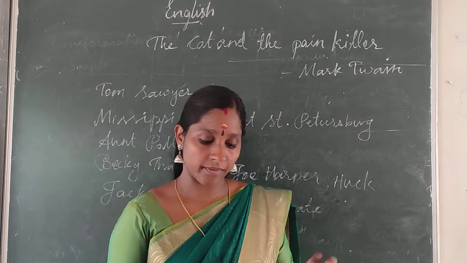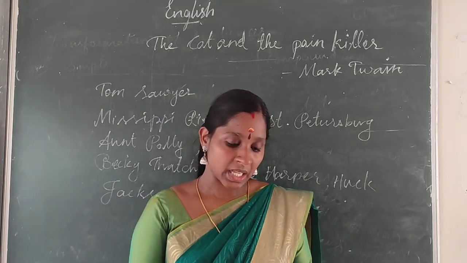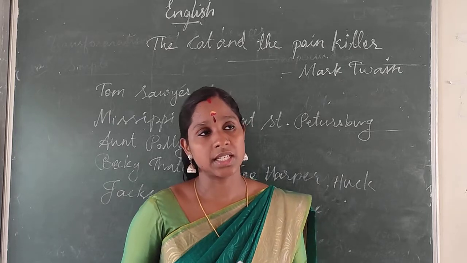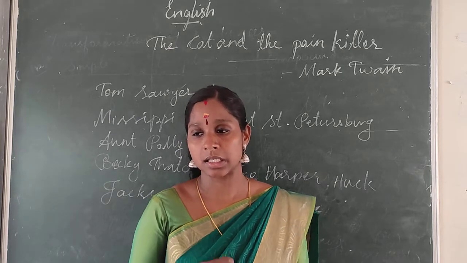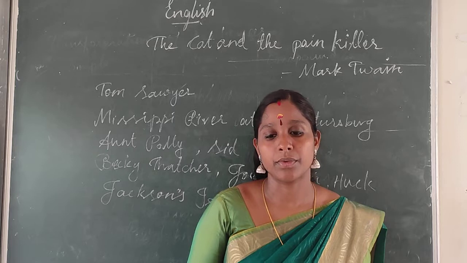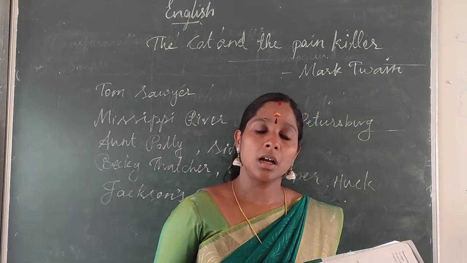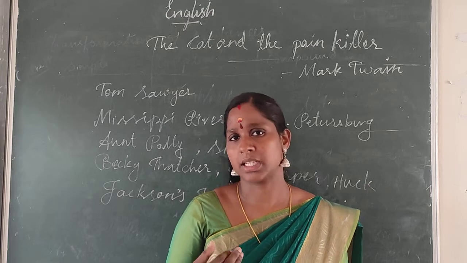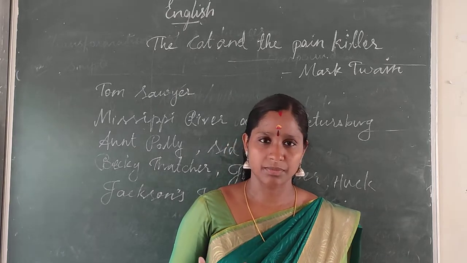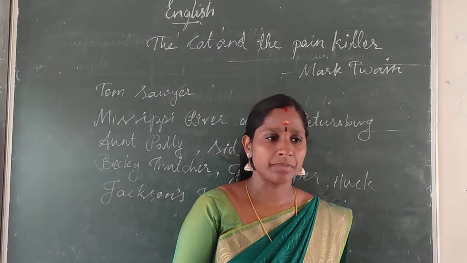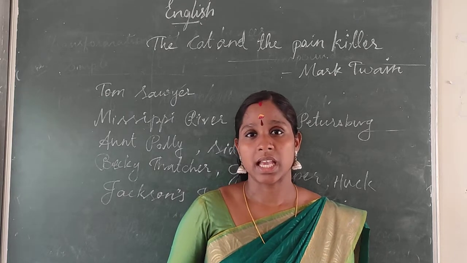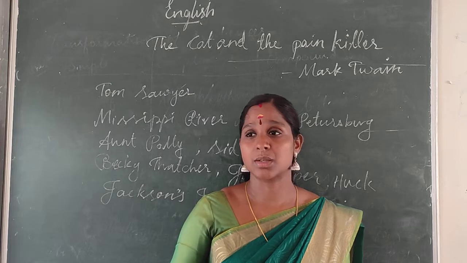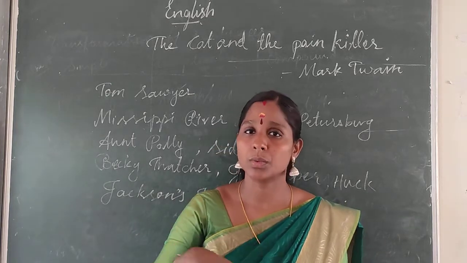Clear? This paragraph. Then, second paragraph: she began to try all manners of remedies on Tom. Yes, sir, she tried many remedies. See, when you go to hospital for any treatment, there are levels for the treatment. Especially among village people, when we take medicine, we are not supposed to take certain things, we are supposed to drink hot water.